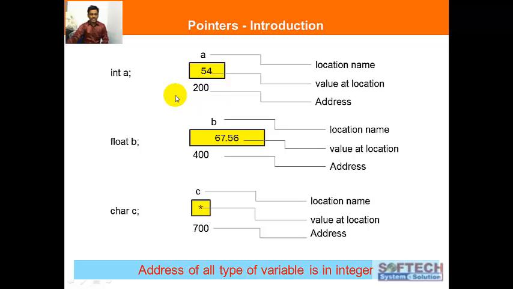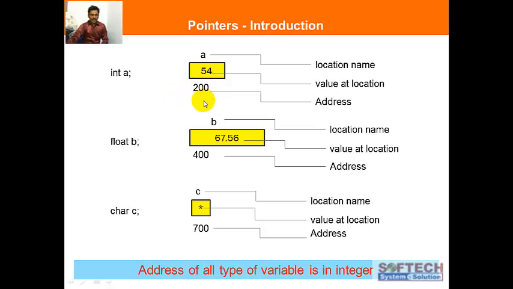Each byte has 8 bits. At the time of booting, the operating system assigns an address to each and every byte. So each byte has one address. That address should be in integer form, and it is given by the operating system at the time of booting.